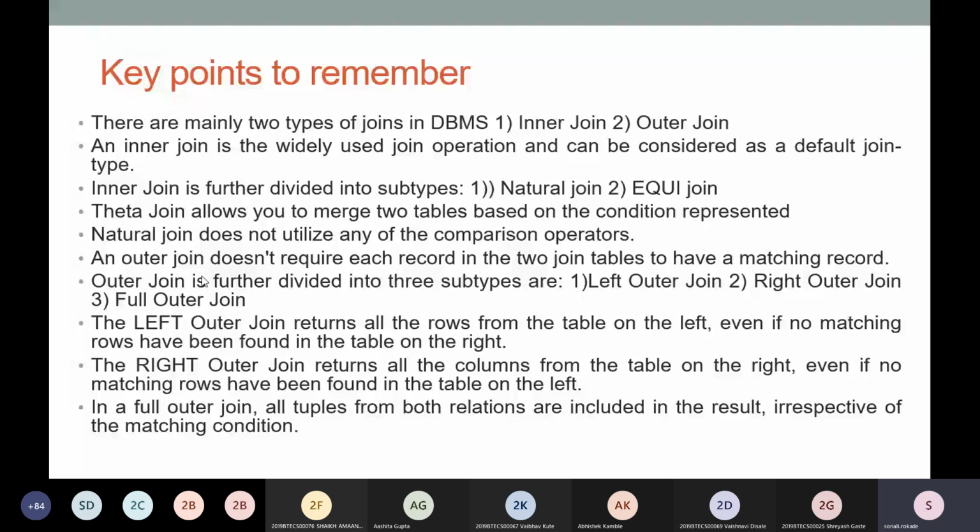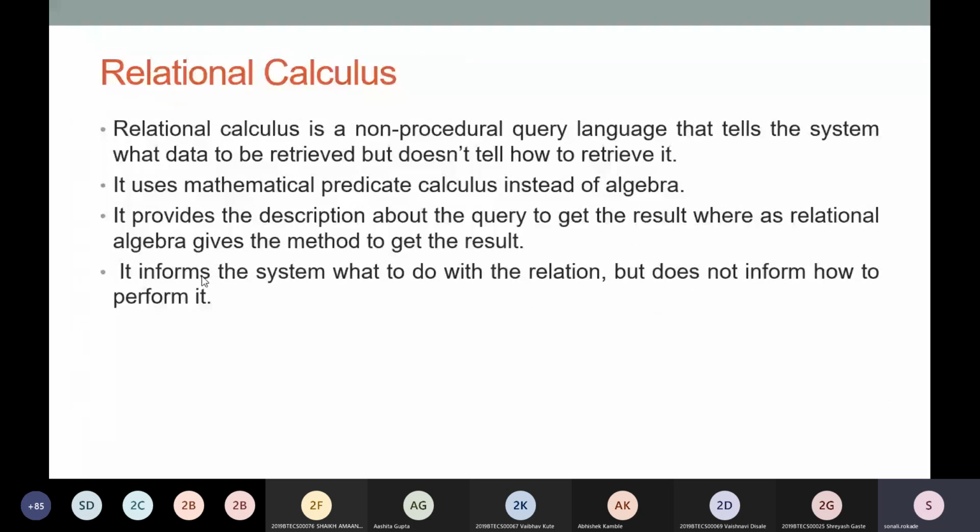Now the most important part is relational calculus. Okay, so we can say that this is the theoretical and mathematical representation of our structured query language. The output will be the same for both the query as well as this theoretical representation. So don't get confused.